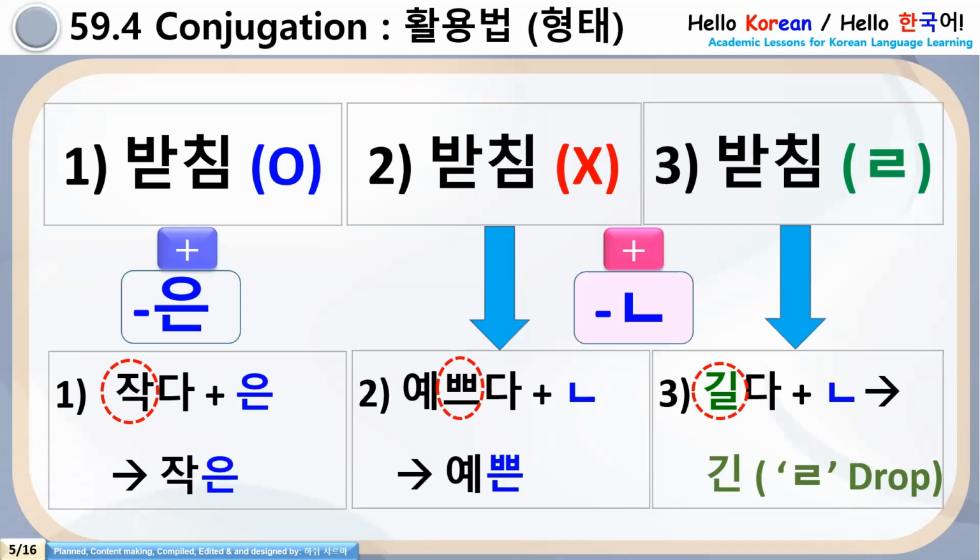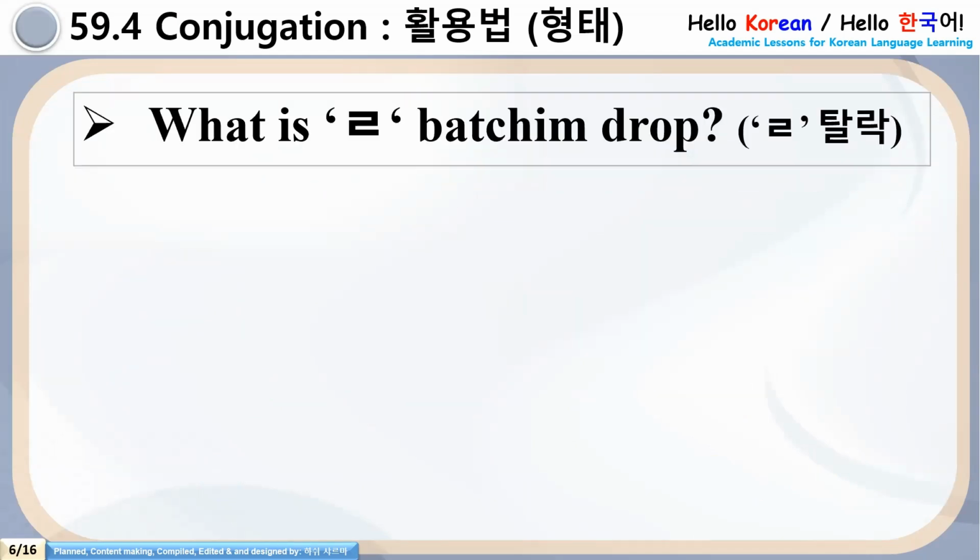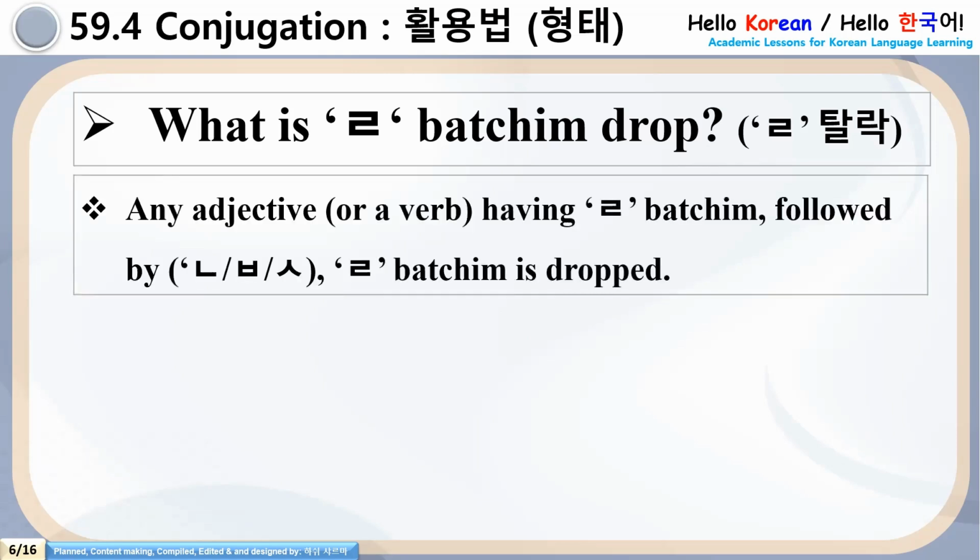Now, let's understand this la pachim dropping in more detail. What is la pachim drop? See here, any adjective or verb having la pachim followed by the consonants na, ba or sa, the la pachim is dropped. See one example, khilda, and we have to add the grammar un.